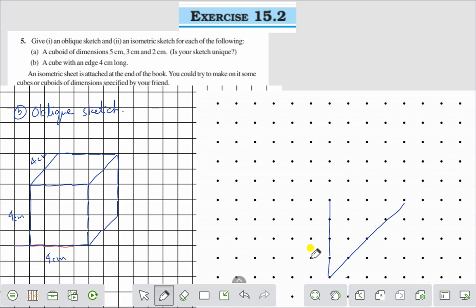And in this direction you take 4, that is 1 2 3 and 4, right?